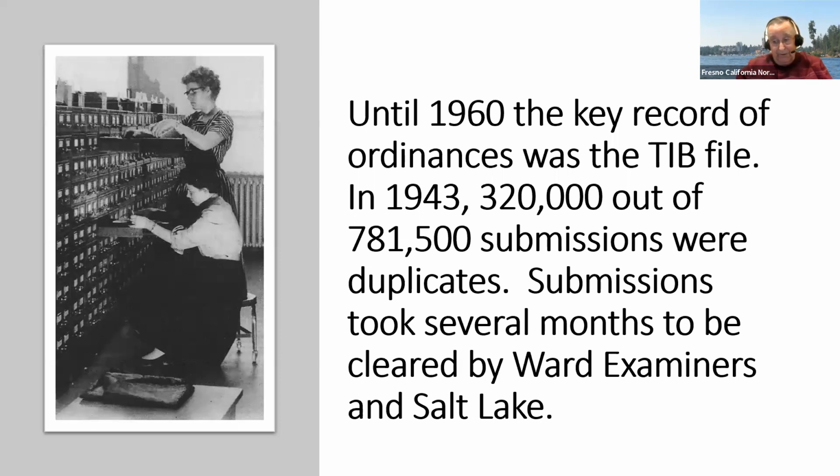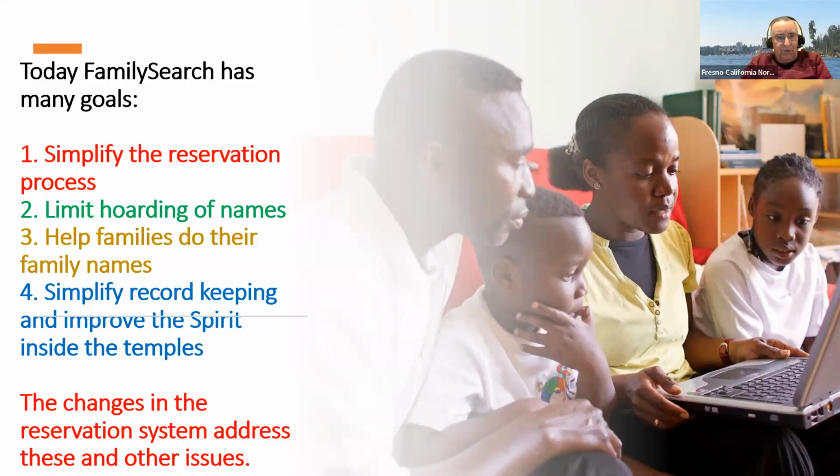And so the other side of the equation is trying to speed up the time it takes for us to be able to do a name that we want to submit. So things have changed a lot. FamilySearch's goals today are basically to simplify the reservation process as much as possible, limit hoarding of names, because that does go on, help families do their family names, and simplify the record keeping and improve the spirit inside the temple.